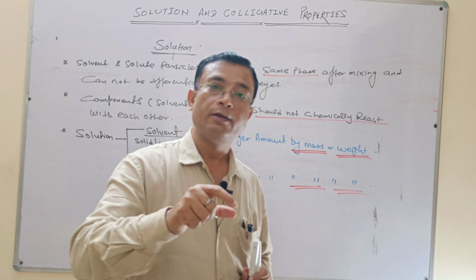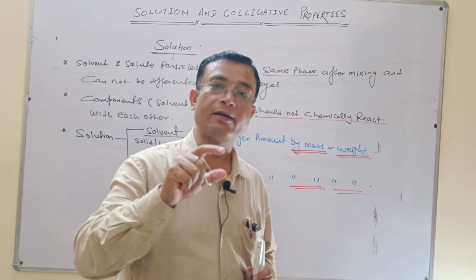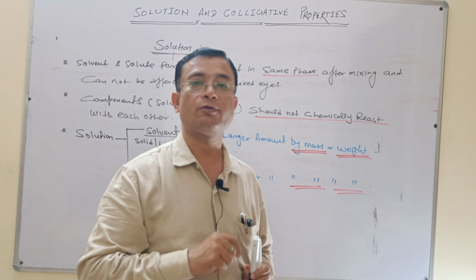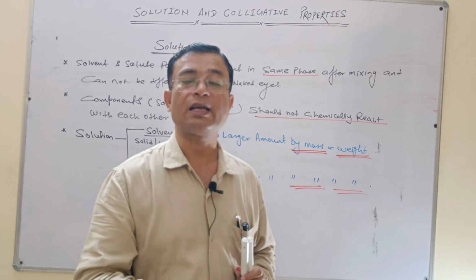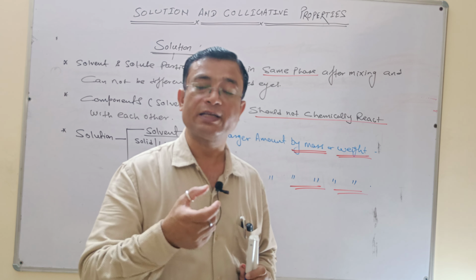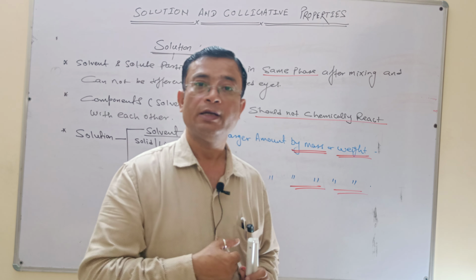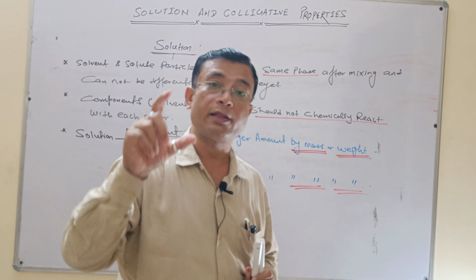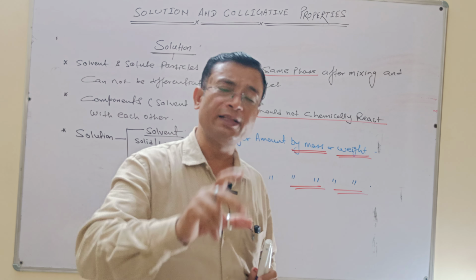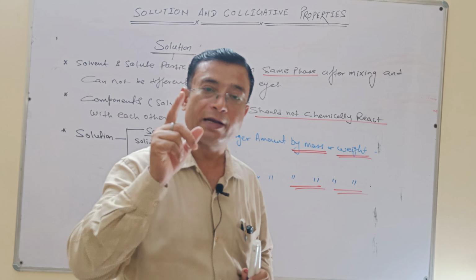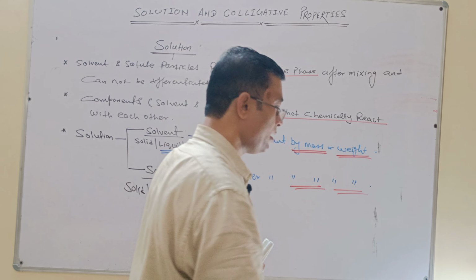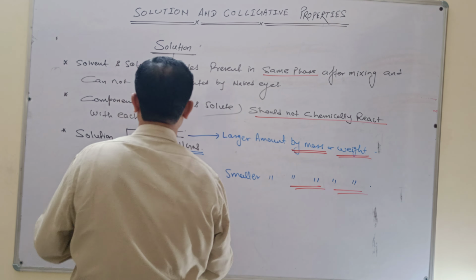But they can be separated from each other by using some special methods. What are the special methods? Like evaporation, crystallization, distillation, fractional distillation, steam distillation. These are all special methods. So only by using the special methods can the components of a true solution, that is the solvent and solute, be differentiated.